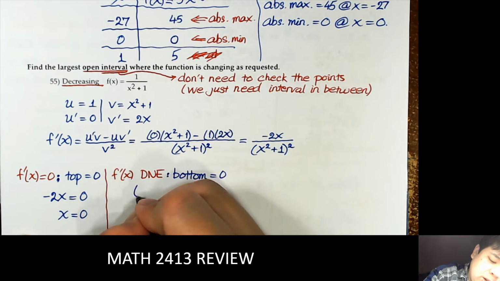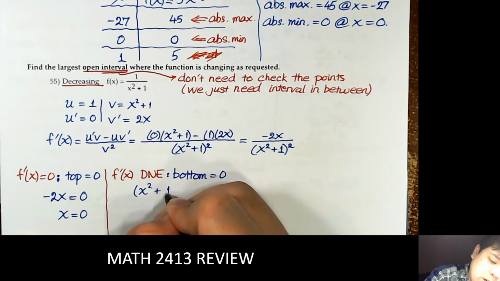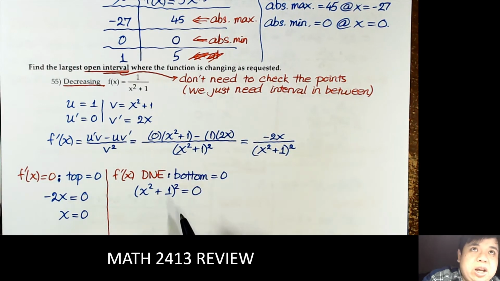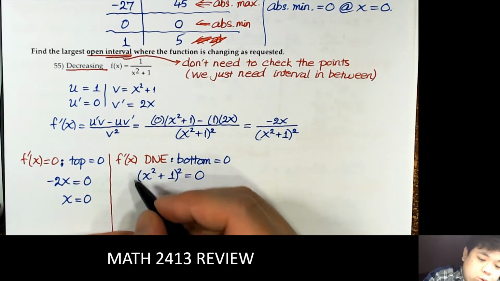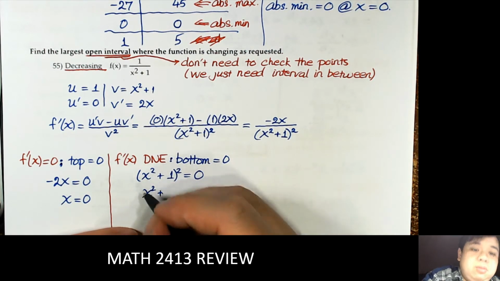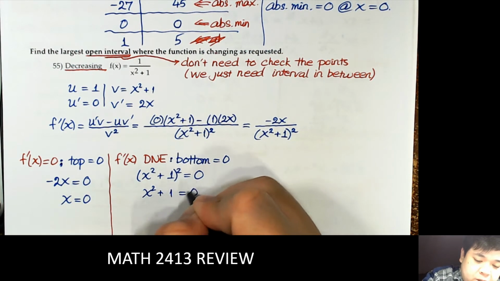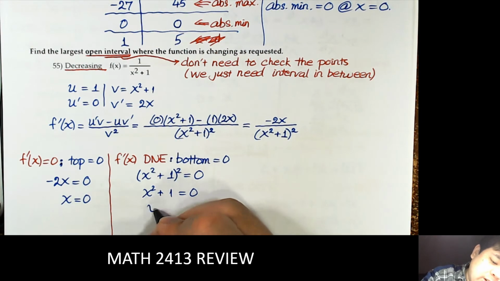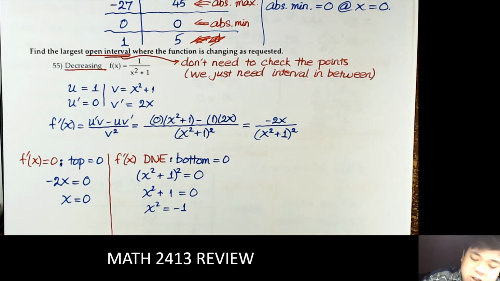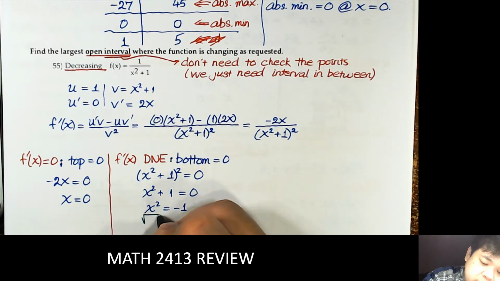The bottom, x squared plus 1 equal to 0. But square equal to 0, so it will be equal to 0 without the square. Move the 1 over, x squared equal to negative 1. And to get back to x, we take the square root on both sides.